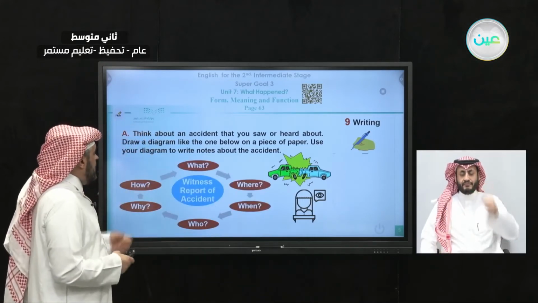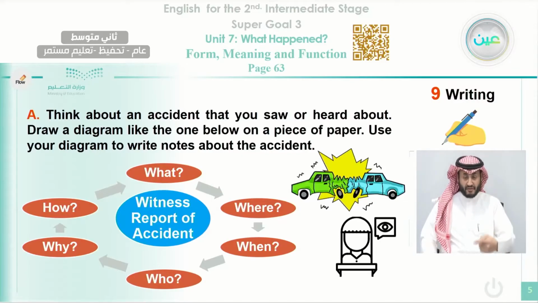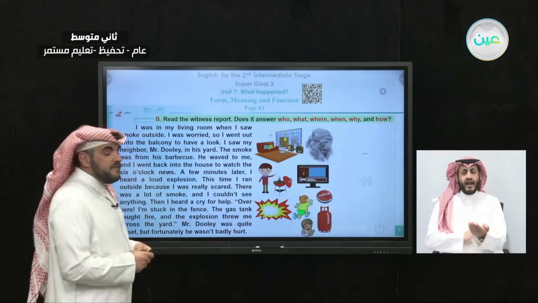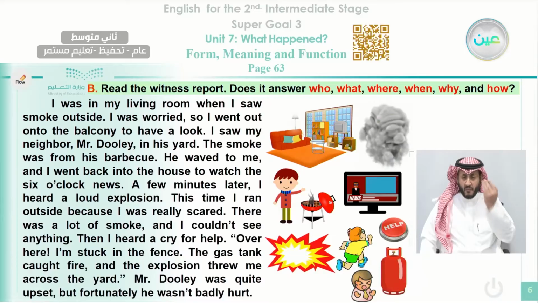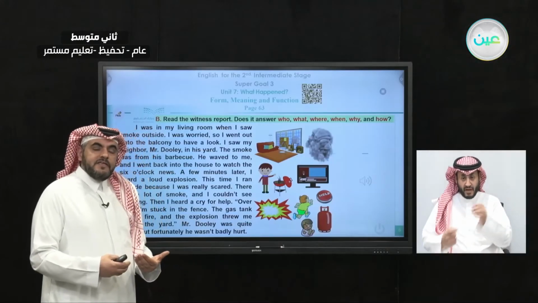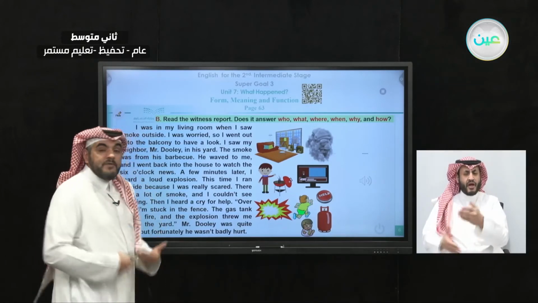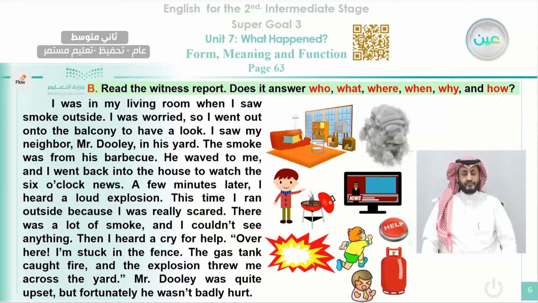Okay? Here, if you write a witness report of an accident, you have to write what, where, when, who, why, and also, if possible, include how. And you remember in the previous lesson we studied this passage, and we told you how the writer started by giving the setting of the incident report that he has written, as he started here with his topic sentence, saying, I was in my living room when I saw smoke outside.